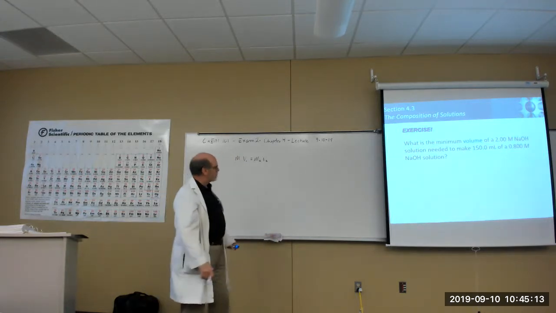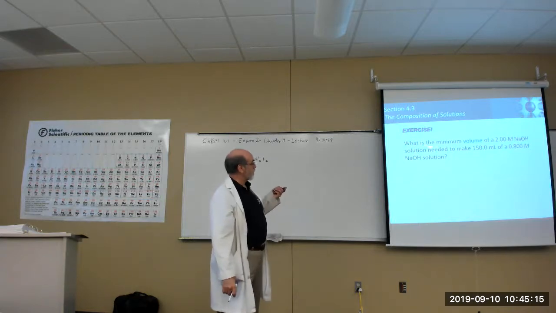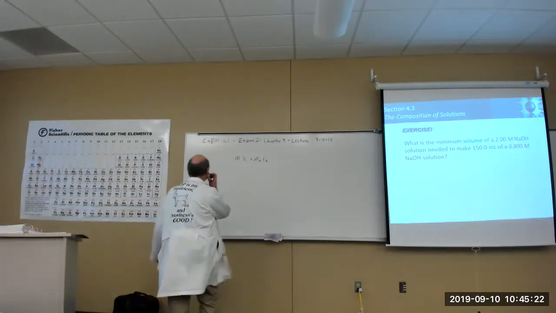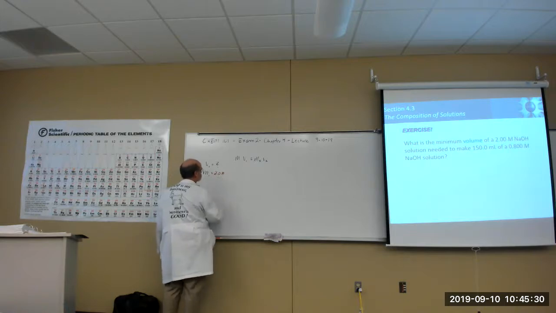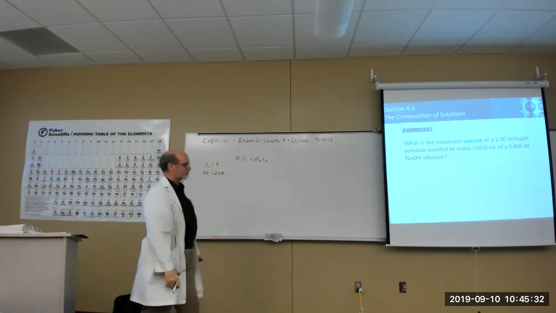Well, let's say we want to have, the question is, what volume of 2 molar sodium hydroxide? So let's say volume 1 is the question, for molarity of 2 molar. Okay?